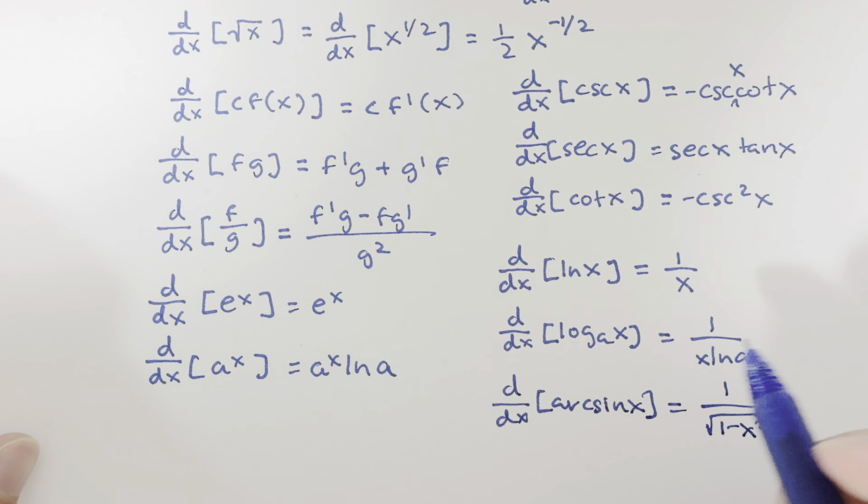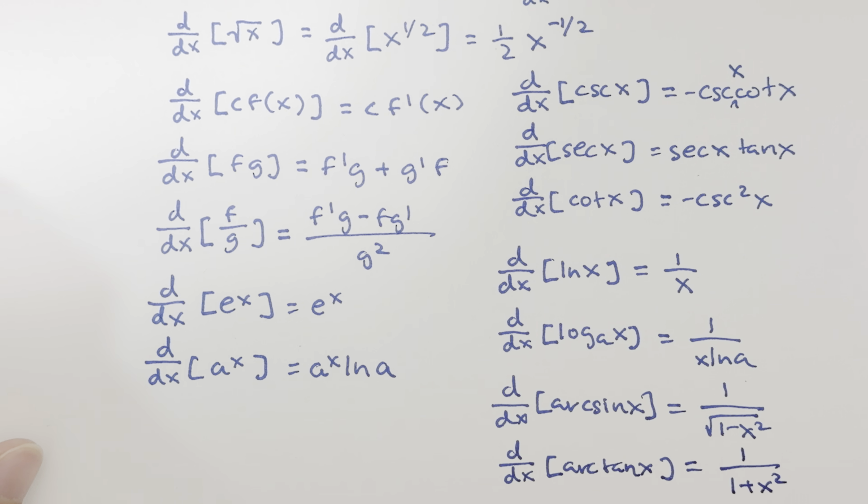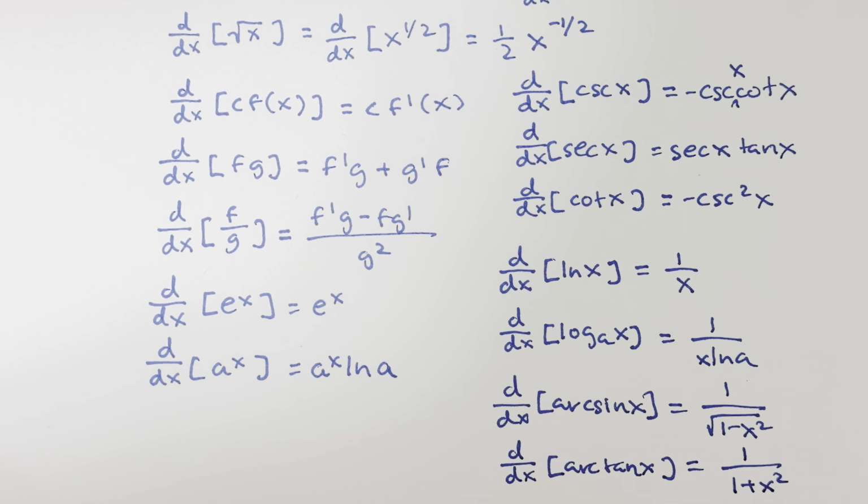Then you have d over dx of arc tan x, and this will equal 1 over 1 plus x squared. As for arc cosine, it's just going to be the negative of arc sine derivative. And these show up in both the MCQ and the FRQ portions. The denominator form is what trips people up, so you must remember the denominator for arc sine and arc tangent as square root of 1 minus x squared and 1 plus x squared respectively.